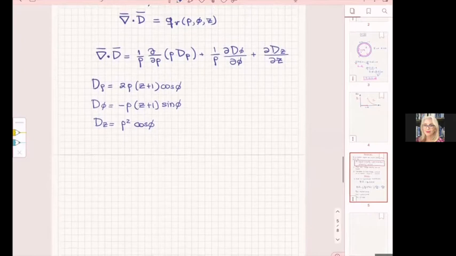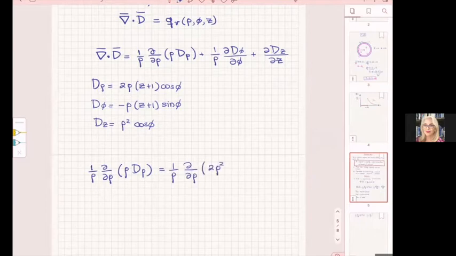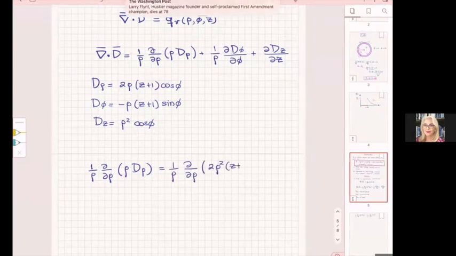So now we're going to try to find this divergence. Let's start with 1 over rho, partial with respect to rho of rho D sub rho. What is that equal? 1 over rho partial with respect to rho of 2 rho squared (z plus 1) cosine phi.